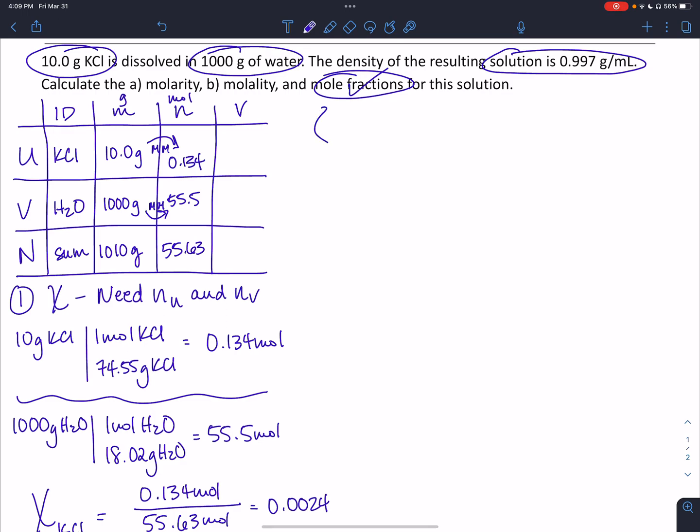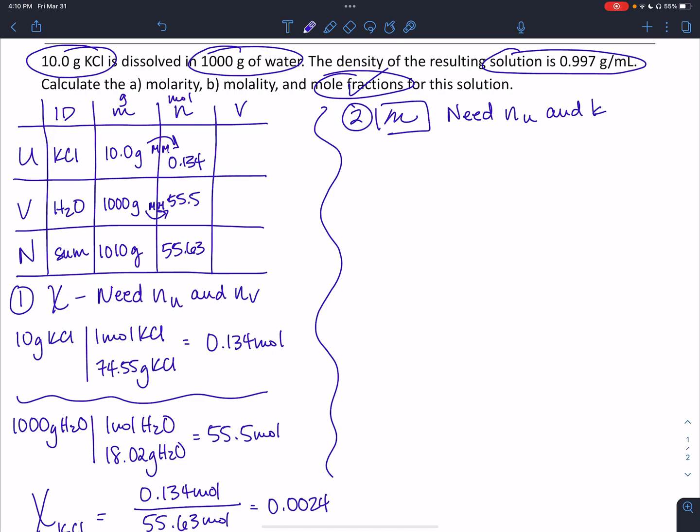I'm going to separate my stuff here. Now I think I'm going to tackle the molality. To calculate molality, I need the moles of solute and I need kilograms of the solvent. Based on the work I've done for my mole fraction, I actually already have this information.